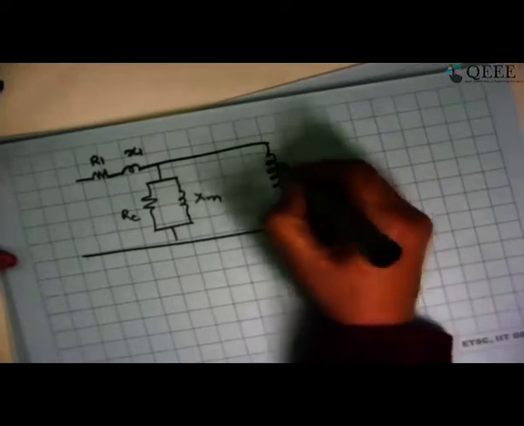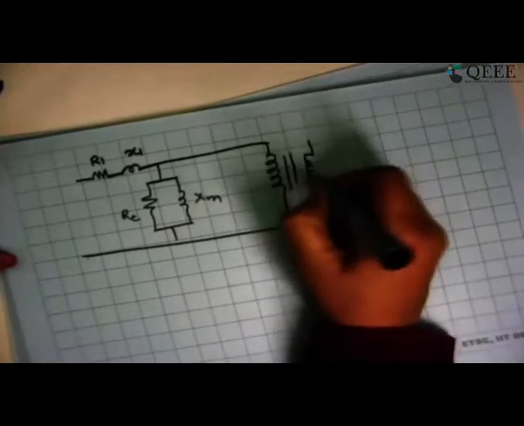We are going to use the same concept to get whatever was our equivalent circuit originally. Let me just draw the equivalent circuit again. This is R1, this is X1, we had RC, we had XM, we have connected them together. Now here is my primary side winding, ideal winding, and this is the secondary winding, which is also ideal winding.